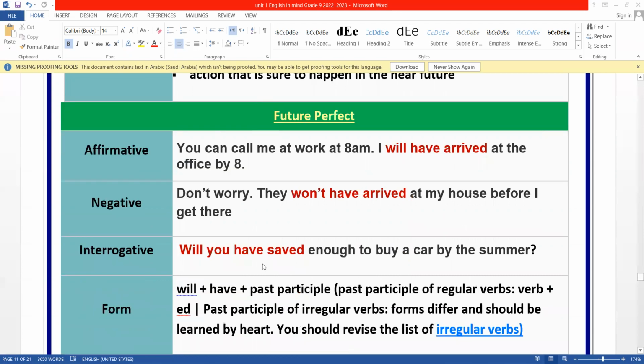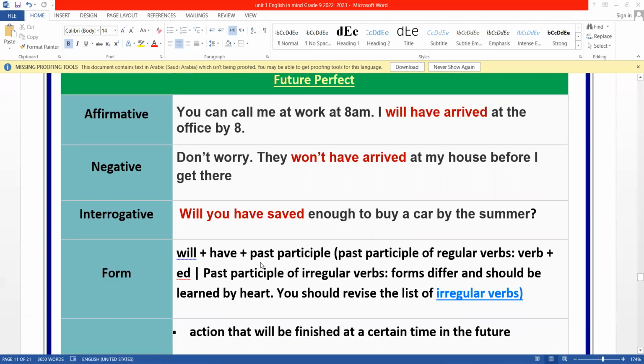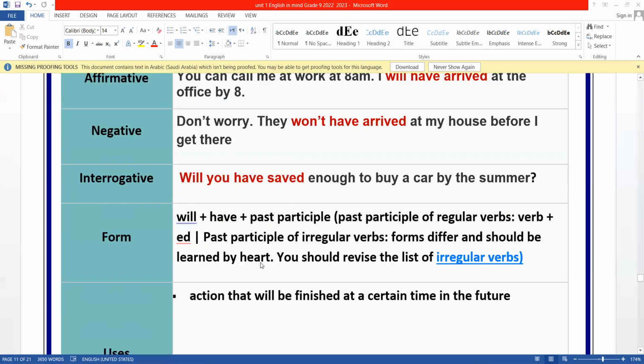Future perfect, affirmative form: you can call me at work at 8 a.m. I will have arrived at the office by 8. Don't worry, they won't have arrived at my office before I got there.